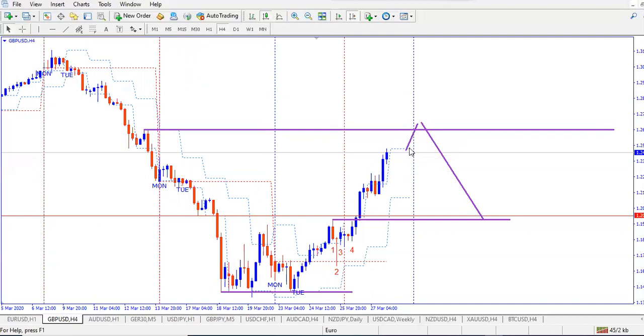So I expect the pound to make an up movement Monday or Tuesday, giving the Monday or Tuesday high of the week. Take out this fractal high, take out any sell stops in the market, and then skydive down into this area here, which is a bullish order block. So this is the level I'm looking at for the low of the week.